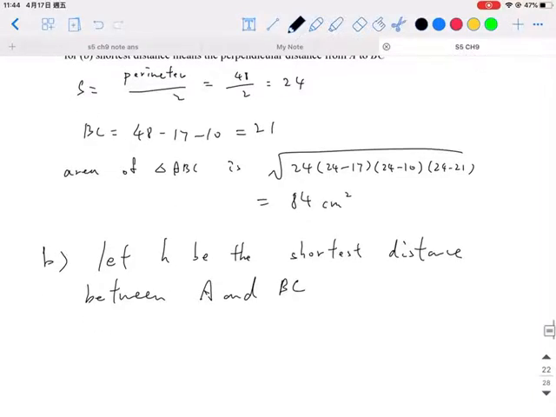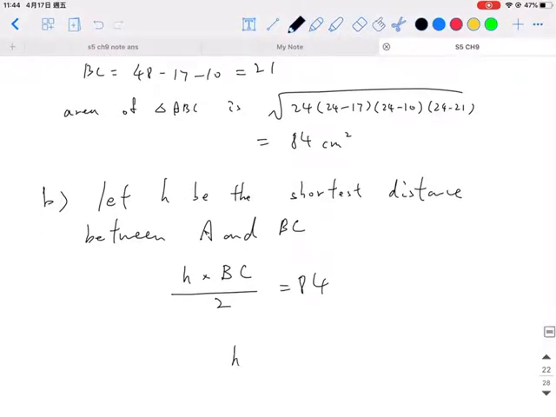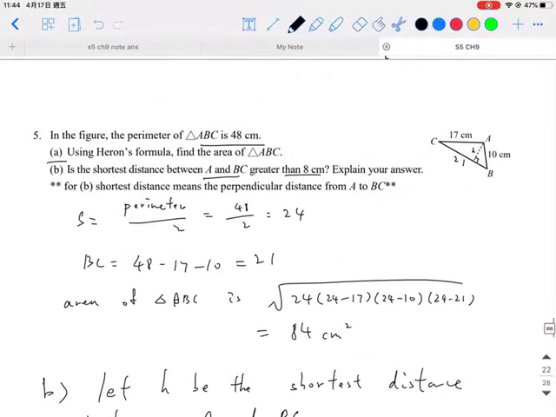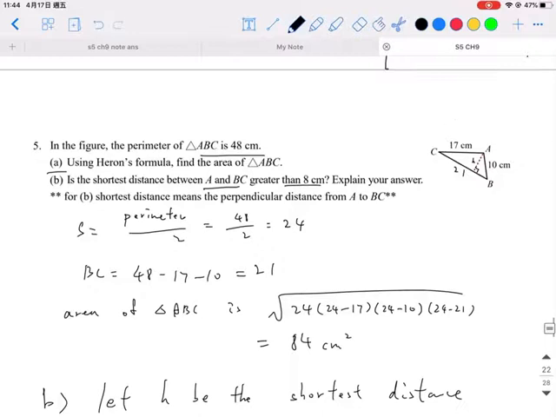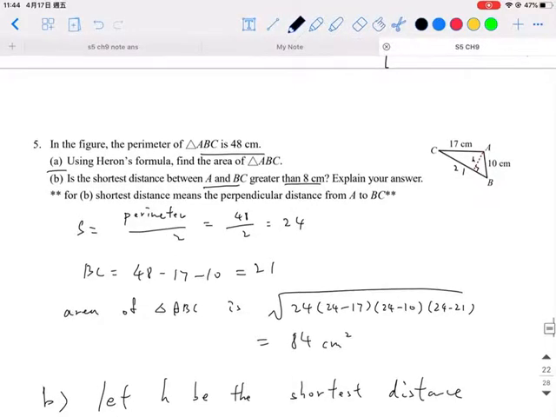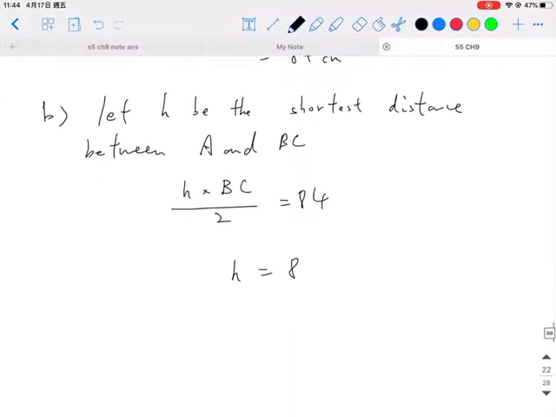So therefore, H times BC over 2 is equal to 84. And therefore, H is equal to 8. And so the statement is not correct. Okay, it says the shortest distance is greater than 8, so no. It should be equal to 8. Okay, so we finish question number 5.